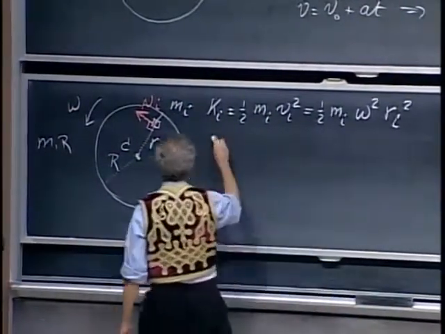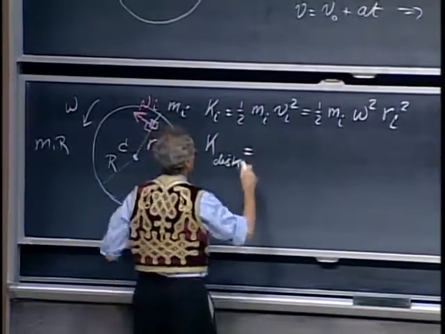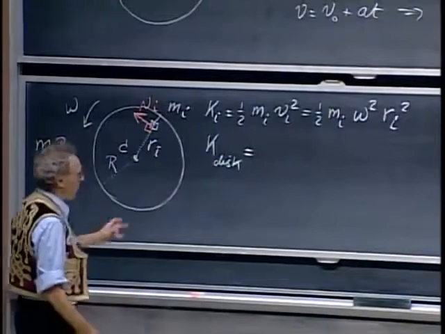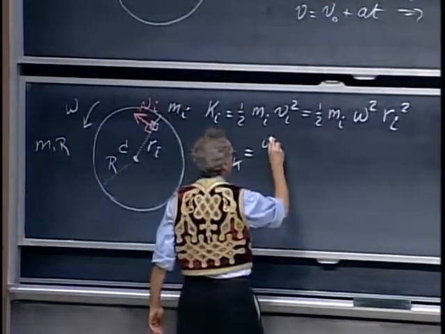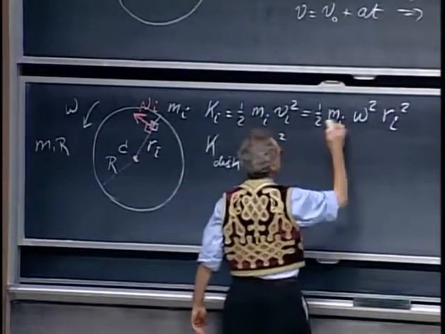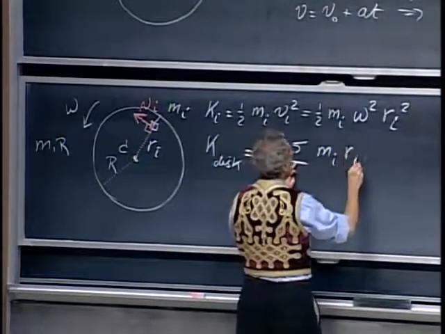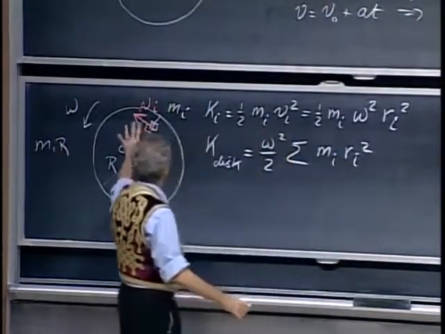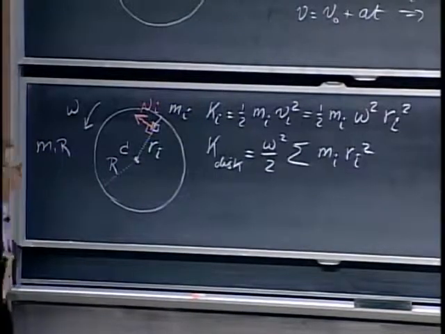So what is now the kinetic energy of rotation of the entire disk? We have to make a summation. And so that is omega squared over 2 times the sum of m_i r_i squared over all these elements m_i, which each have their individual radii r_i.